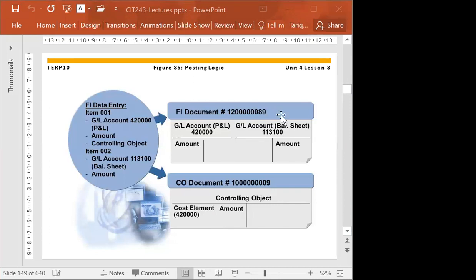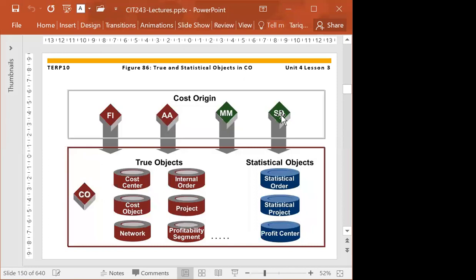Now we have true and statistical objects. We just saw that we have cost centers, internal orders, the cost objects, the projects, the networks, and the profitability segments. They are the true objects.